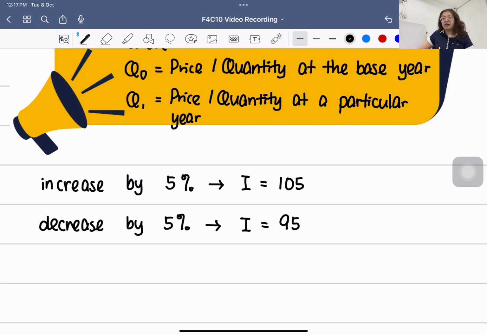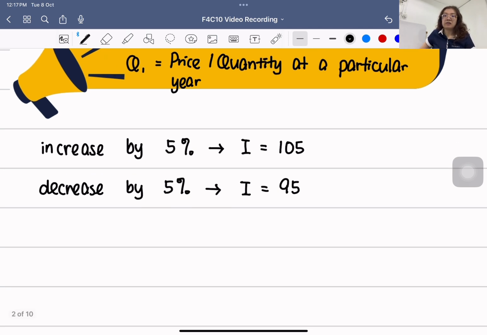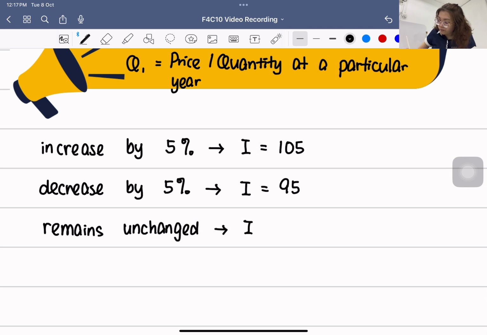What about when the price of something remains unchanged? Then it is equal to 100%, the I will be equal to 100. No change, it stays 100 for the index number.